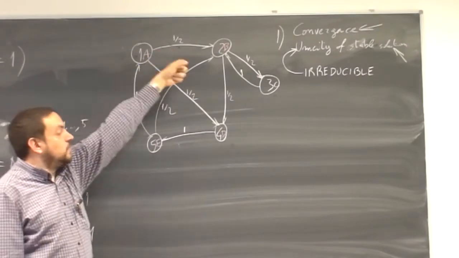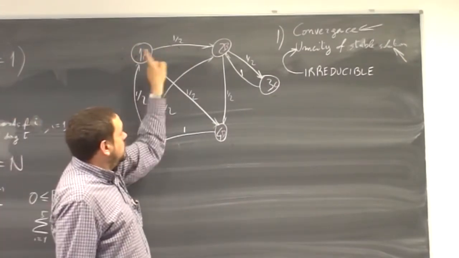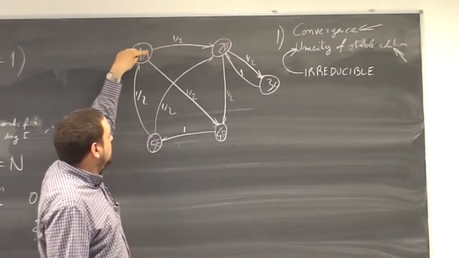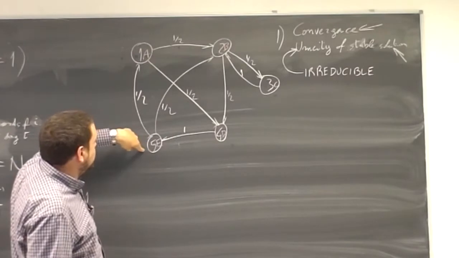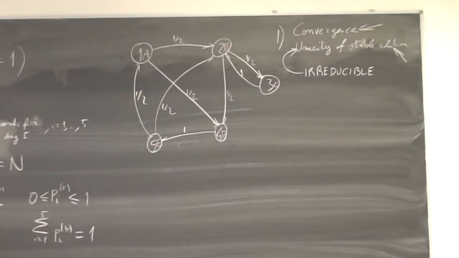You can think of websites and users. It's exactly the same thing. So if you are in A, you can move to B, you can move to C, going through B, you can move to D, and you can move to E, going through D. So the reducibility is quite clear.